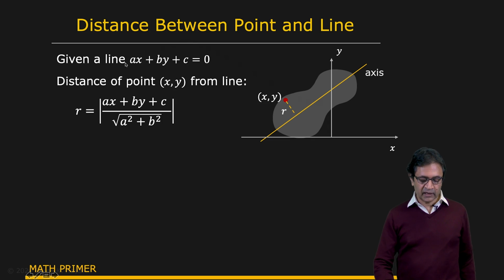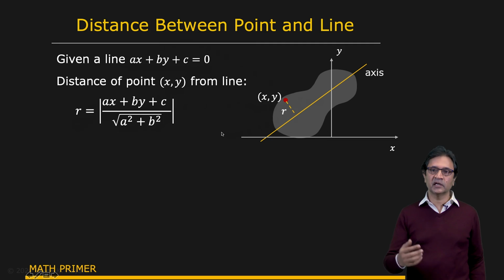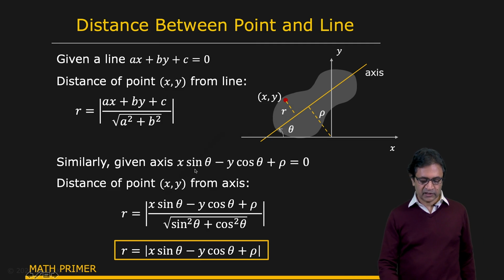Let's say you're given a line ax plus by plus c equal to 0. Then the distance of a point x, y from the line r is the absolute value of ax plus by plus c divided by the square root of a squared plus b squared. And so now we can use our straight line equation, which is x sine theta minus y cosine theta plus rho equal to 0, plug a, b, c corresponding to that in there, and you get this expression.